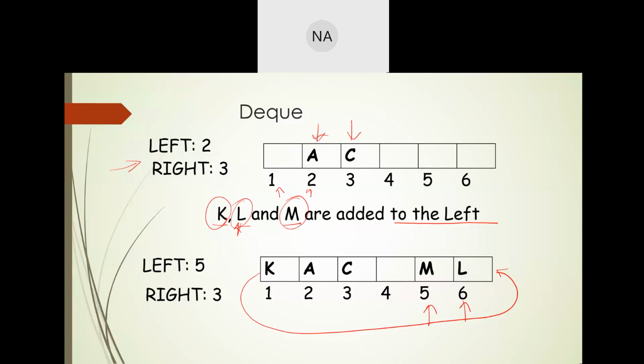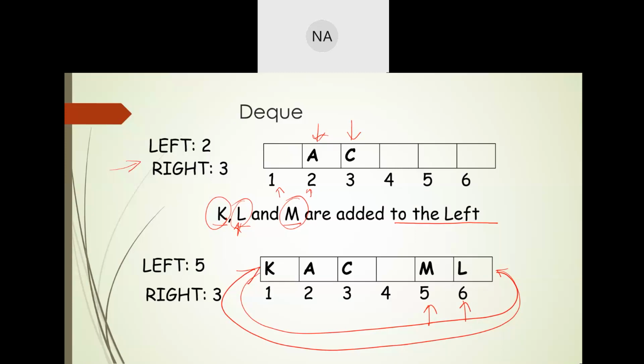So in the deque, the array is circular from both sides. From both sides means if you reach the last location and then insert a new element, you will go to the first location.